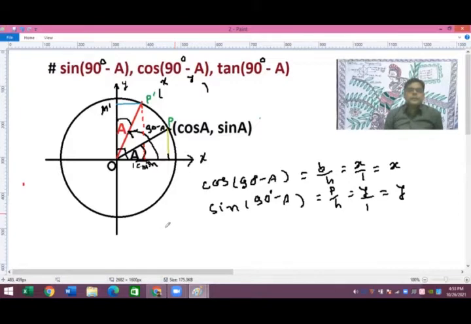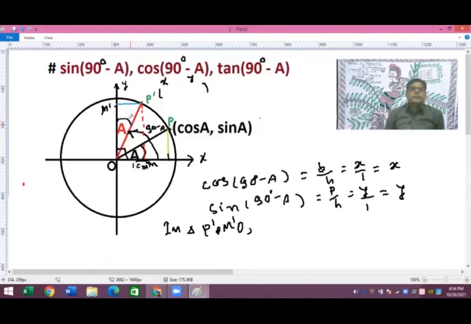So let's talk in triangle P dash O M dash, or P dash M dash O. Okay, so the right angle is at M dash. In that triangle, what will be the x value? The x value in fact is the perpendicular for this angle A.